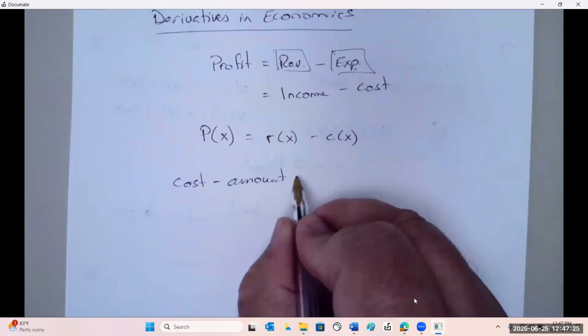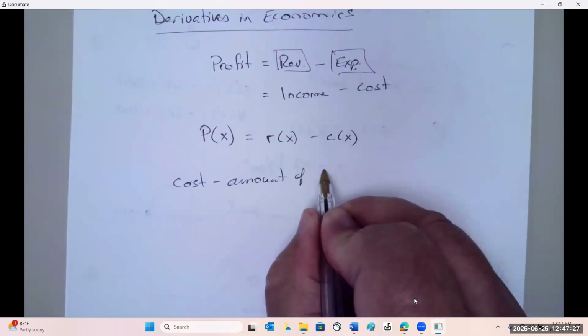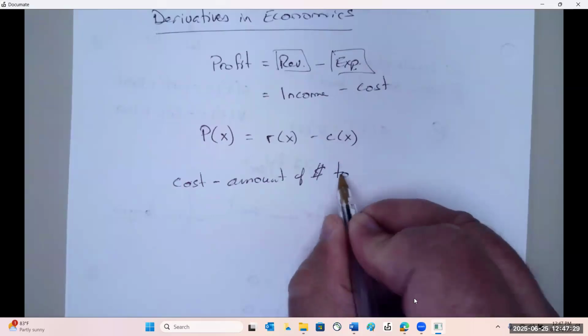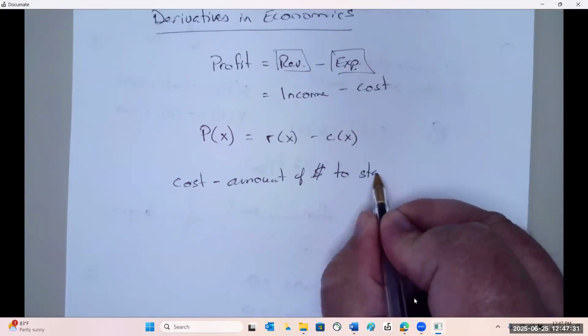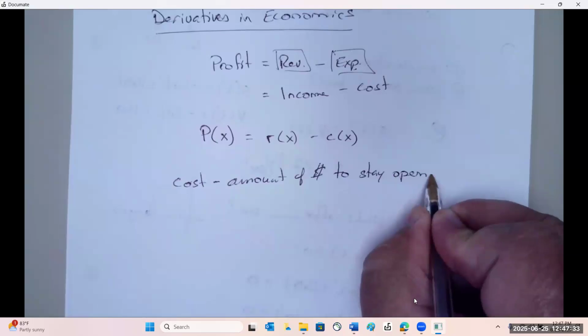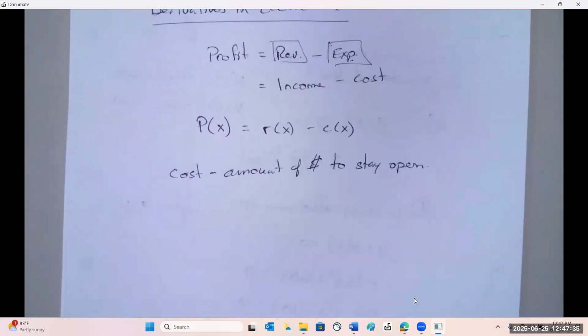The amount of dollars to stay open, that to do business. Can you have a change in cost? Yeah. A lot of factors can change cost.